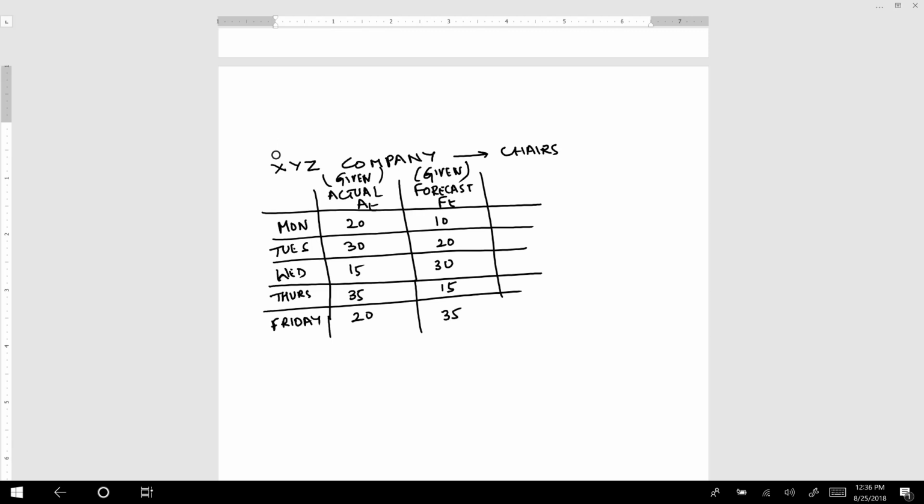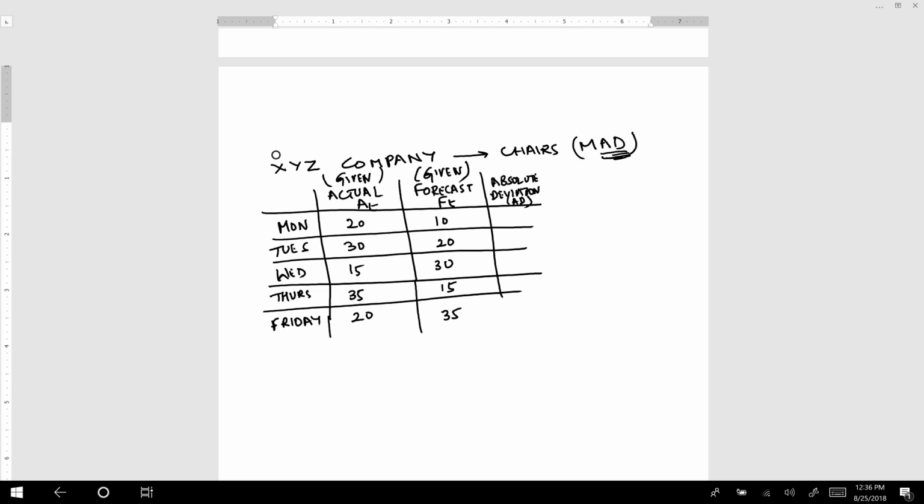So the first technique I will use is MAD. In MAD, the first thing is the deviation and the absolute deviation you have to calculate. So I will write absolute deviation here, which is AD.